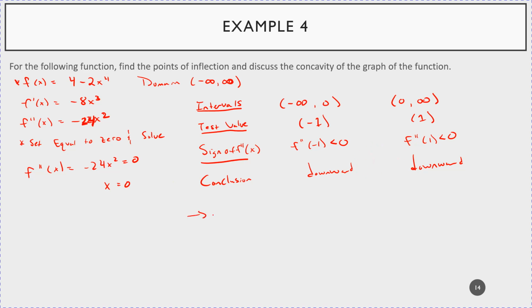All right, so you can just say right off the bat it's concave downward on negative infinity to 0, and then also on 0 to infinity. And then there are no points of inflection here. So even though the second derivative was equal to 0, there were still no points of inflection.